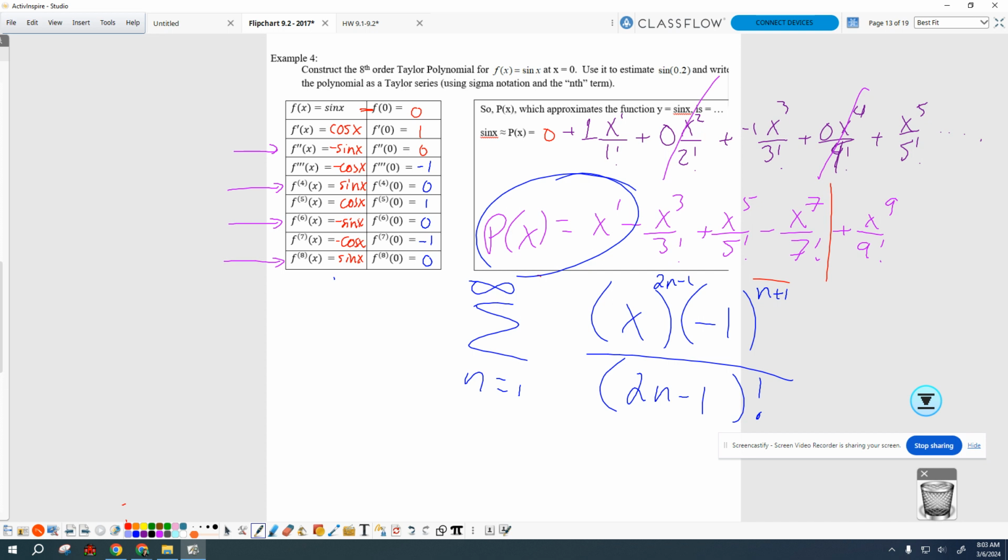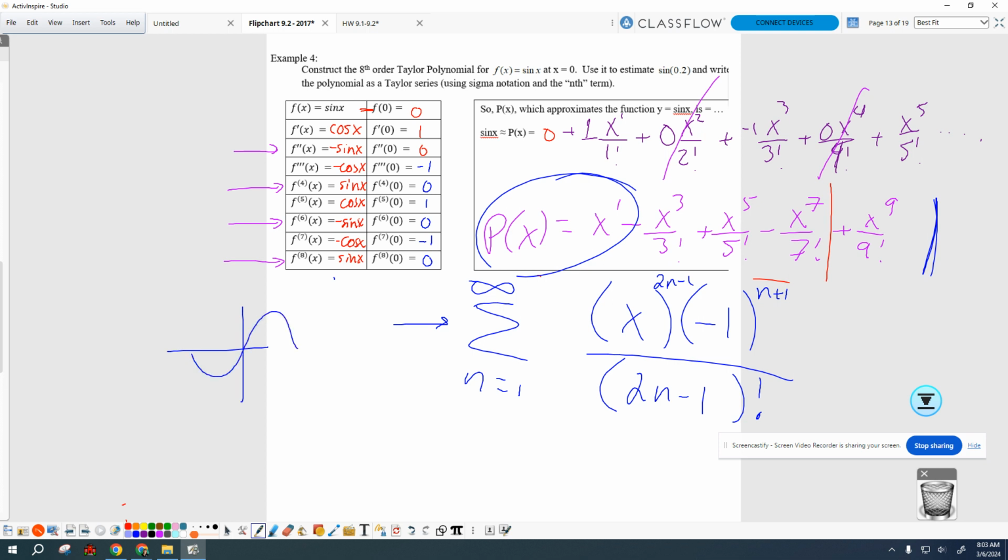And you don't necessarily need to memorize the sigma thing. You need to know this expansion, be able to create it. And it shouldn't be that hard. Sine is even or odd. Does it fold over the y-axis or does it spin around the origin? It spins around the origin, so it's odd.